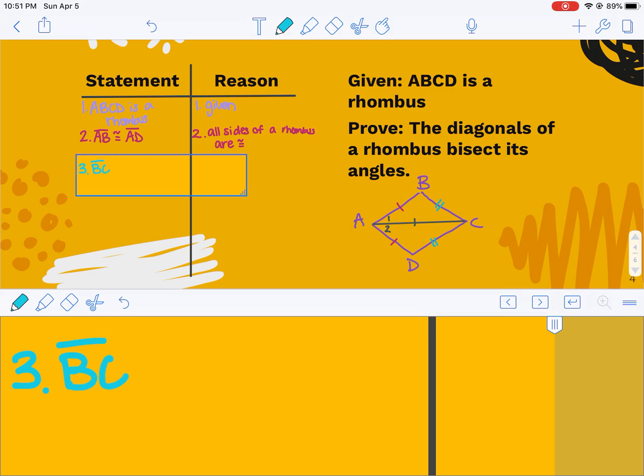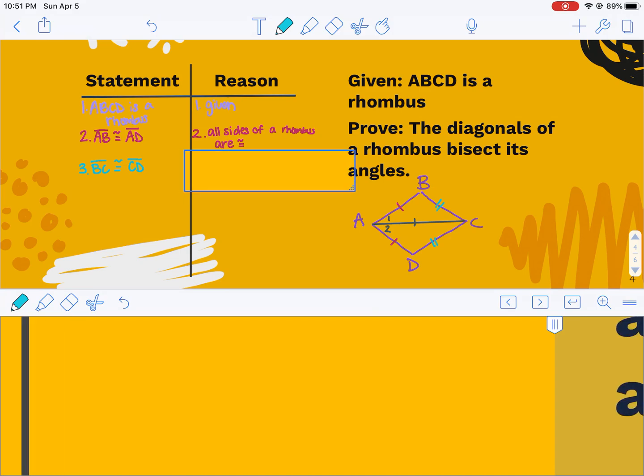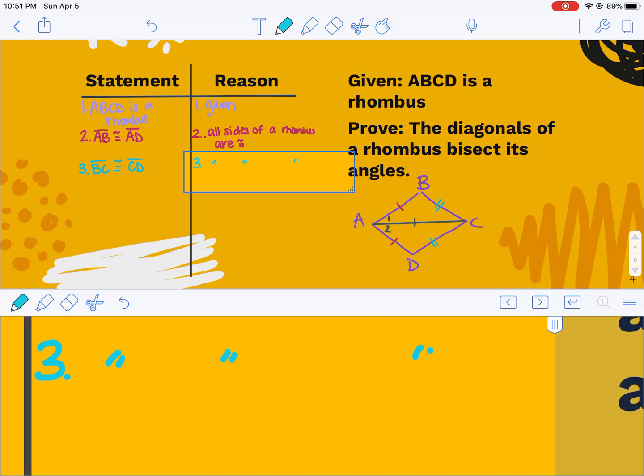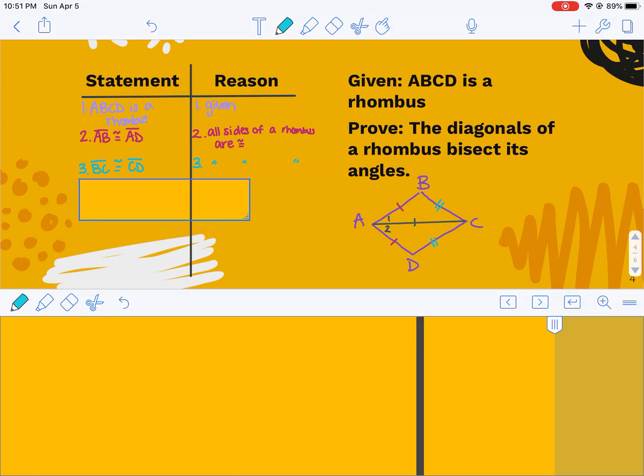We also said that BC was congruent to CD for the exact same reason. And again, you can copy and paste, or you can do your little tick marks. Look like a grown-up. That just means ditto what I wrote above.